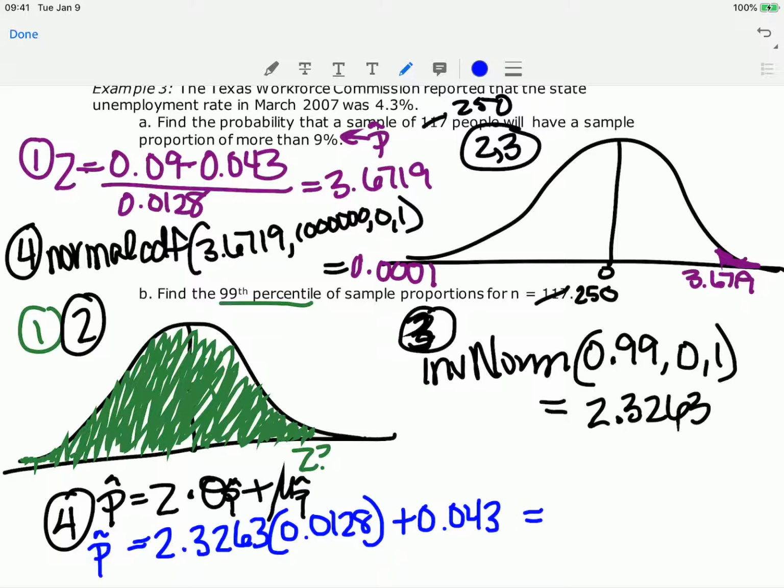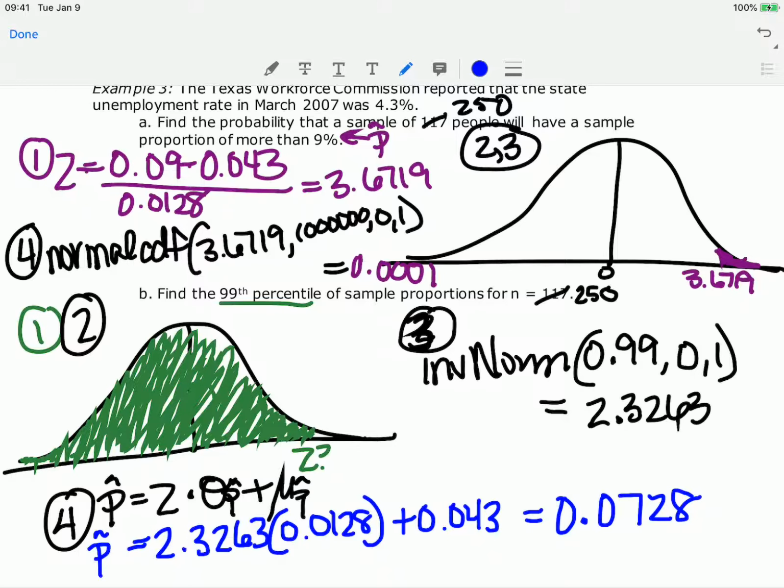So we're going to calculate that. 2.3263 times 0.0128 plus 0.043 is 0.0728. So 99% of samples will have an unemployment rate of 7.28 or less. That's what this is that we just found.